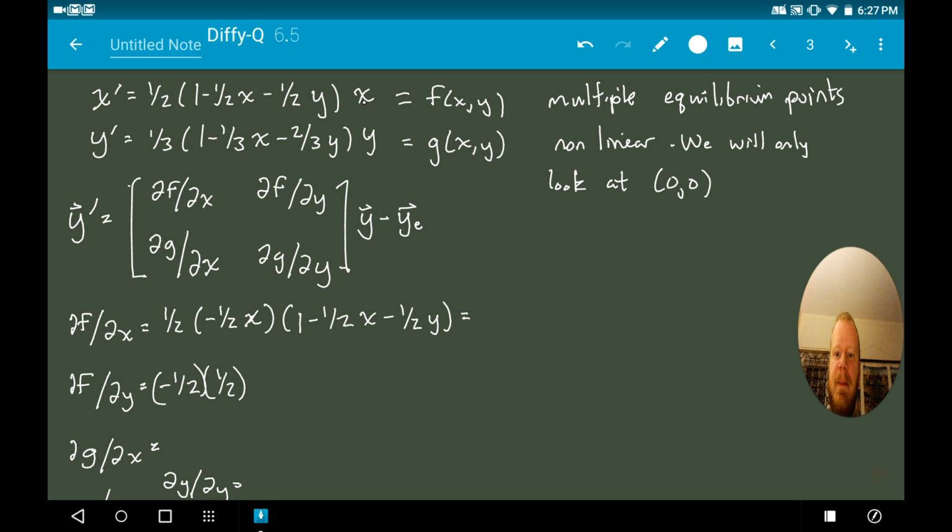So we're going to have that negative 1/2 here, negative 1/2 times x. When we take the derivative of this piece, the y goes away and we end up with an x. The 1/2 comes from here, negative 1/2 x comes from these two pieces, so that's going to be negative 1/4 x.